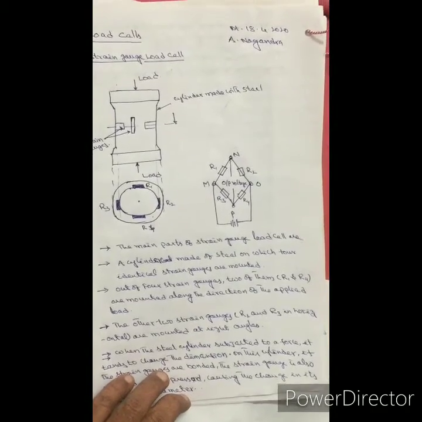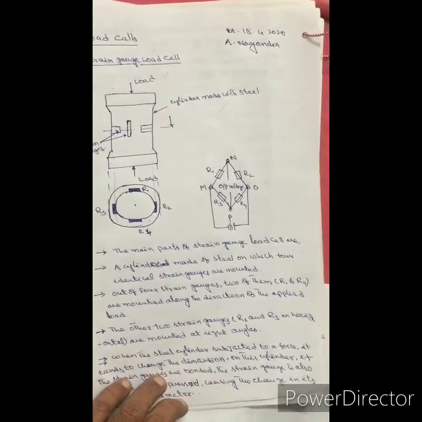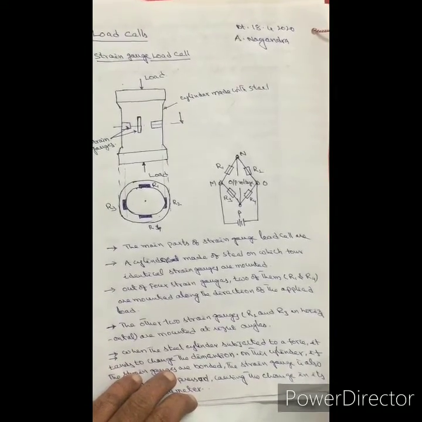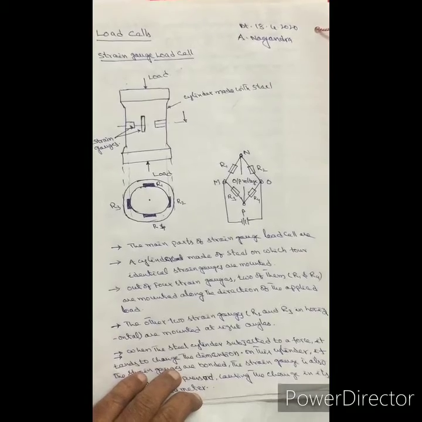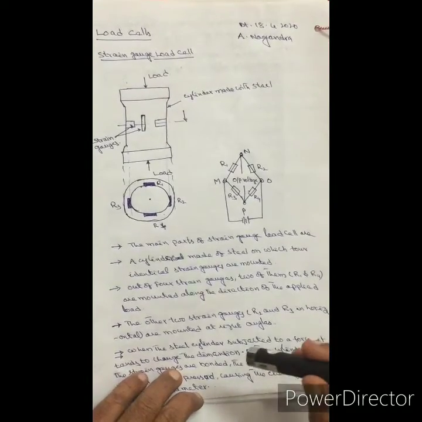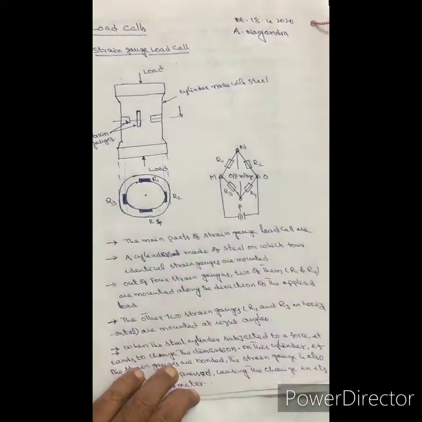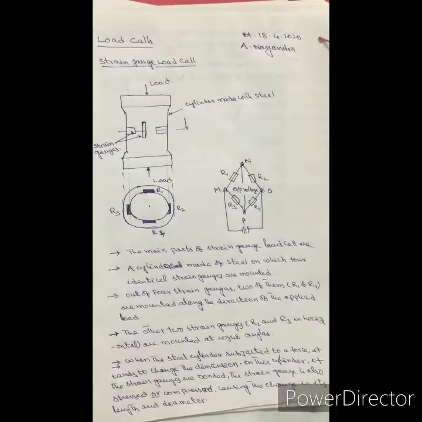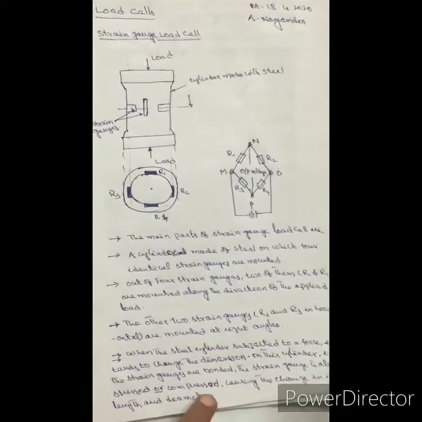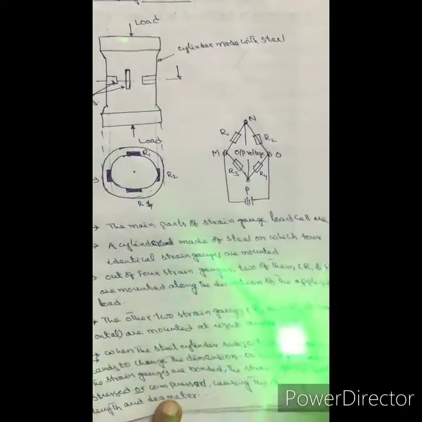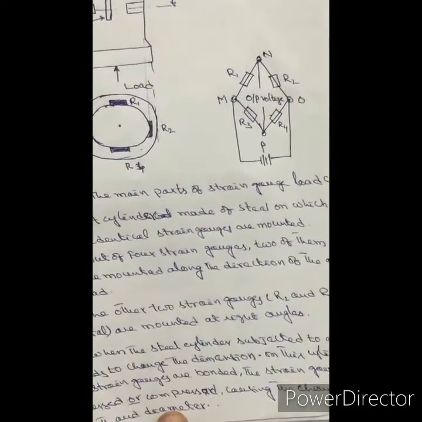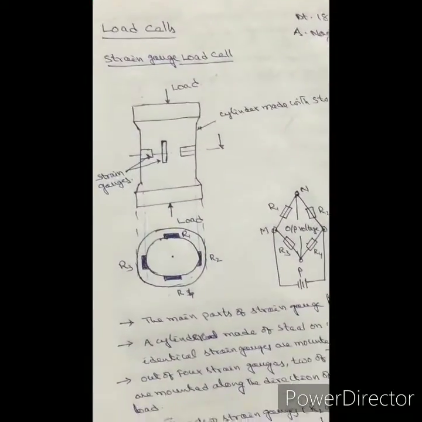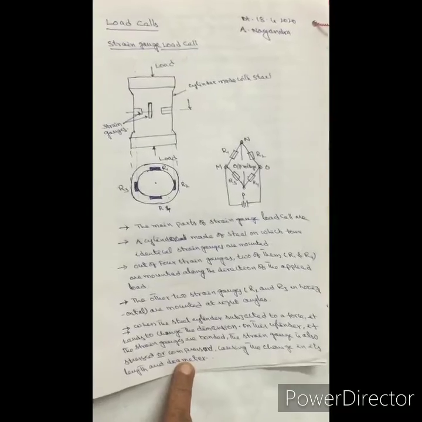The other 2 strain gauges, R2 and R3, are mounted horizontally at right angles. One pair is along the applied load, and the other pair is at right angles. When the steel cylinder is subjected to a force, we apply the load on the top of the cylinder.